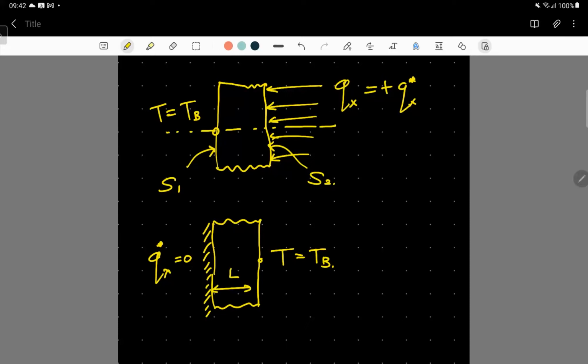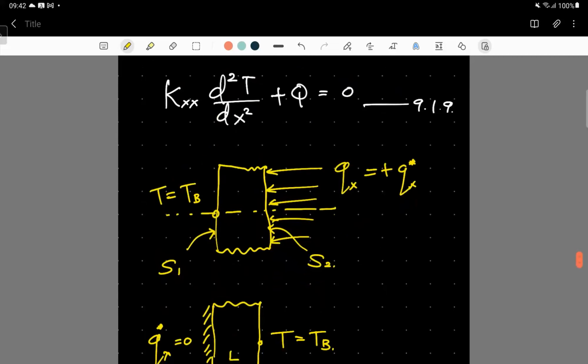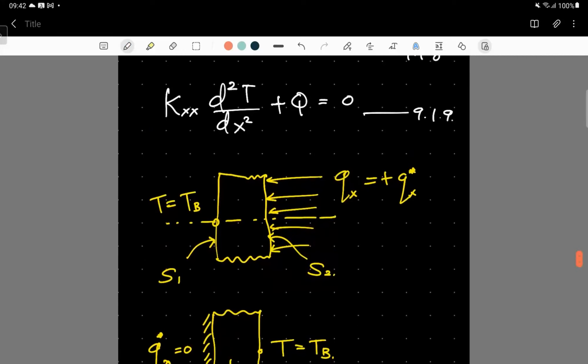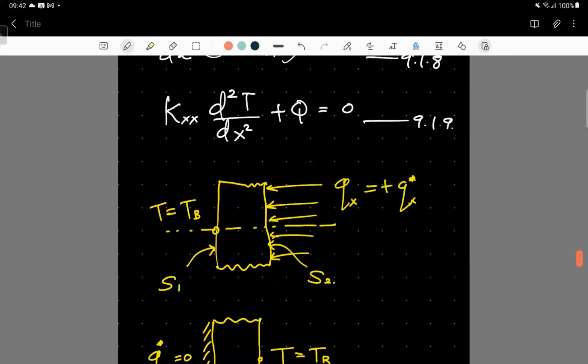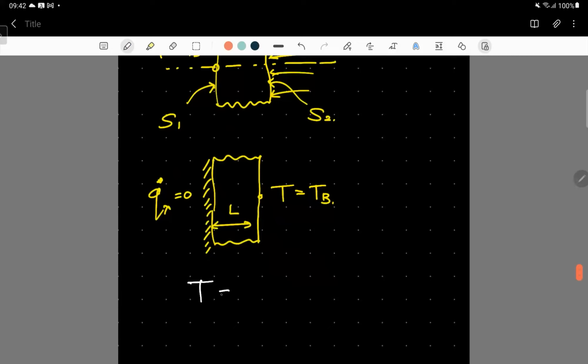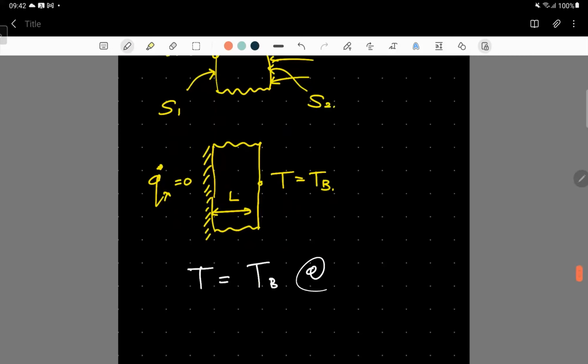On top of this, you can apply certain boundary conditions in order to solve this differential equation. What are the boundary conditions? If you think in terms of equation 9.19, the temperature is equal to TB at surface 1. We assume that TB is known.